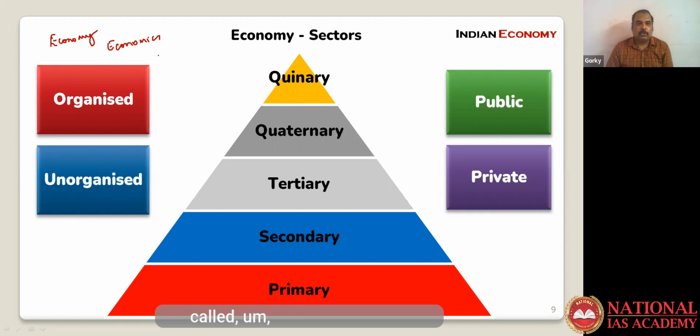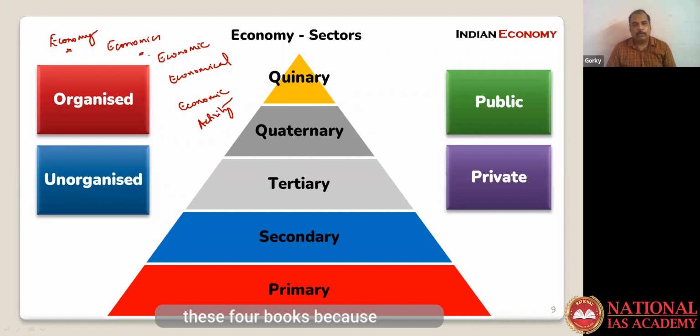There is a word called economic, and there is a word called economical, and there is one called economic activity. Okay, so we need to understand all these four words, because what we are studying now is economy. What your books generally are is economics.